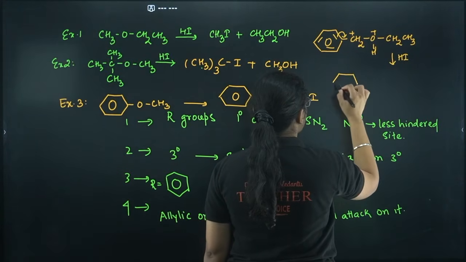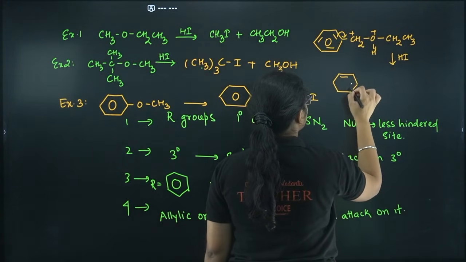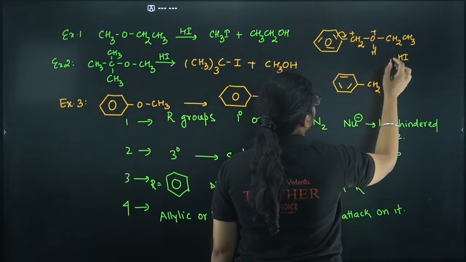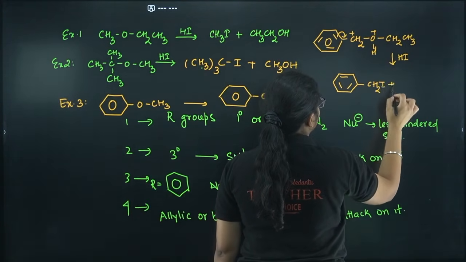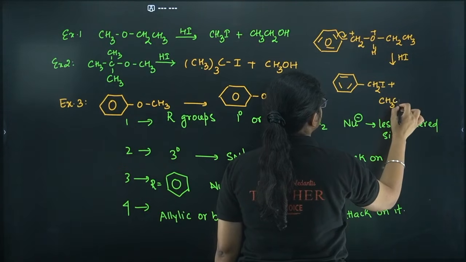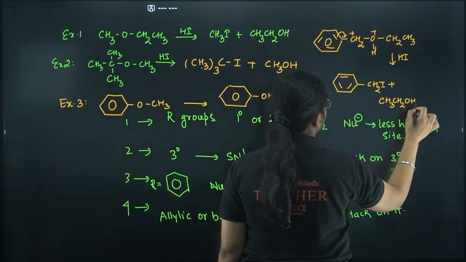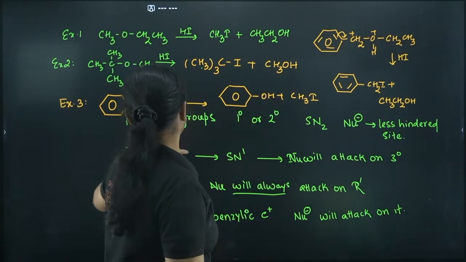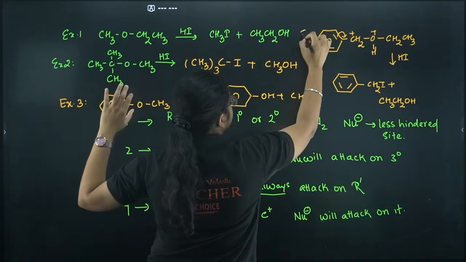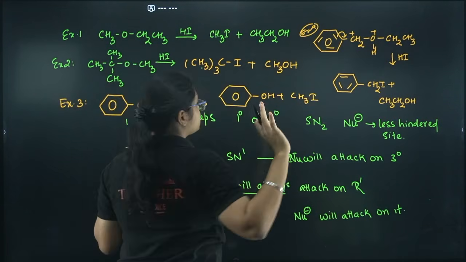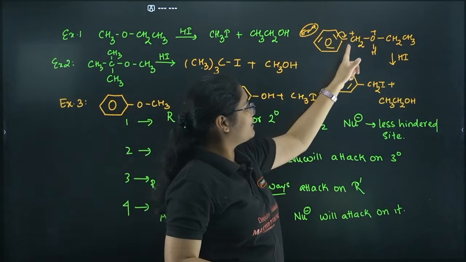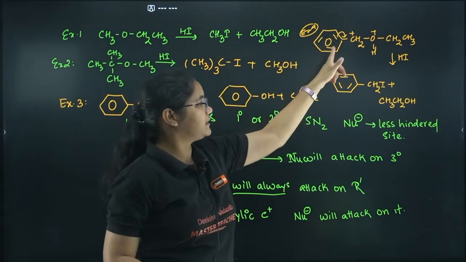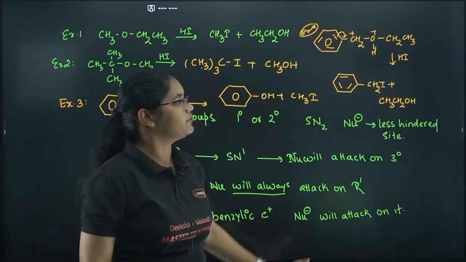I will get C6H5CH2I and then CH3CH2OH. Clear? So these are the 4 examples: 1, 2, 3 and example 4. I hope the 4th example is clear: if you have a benzyl or allylic carbocation, then the nucleophile will always attack on this side and the other part will form the alcohol.